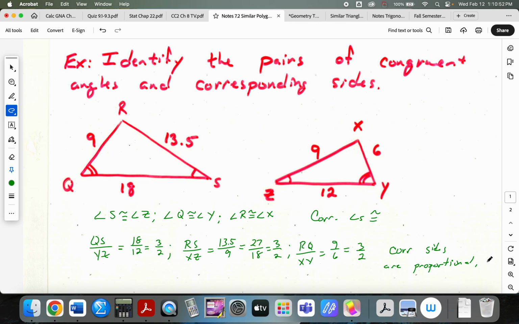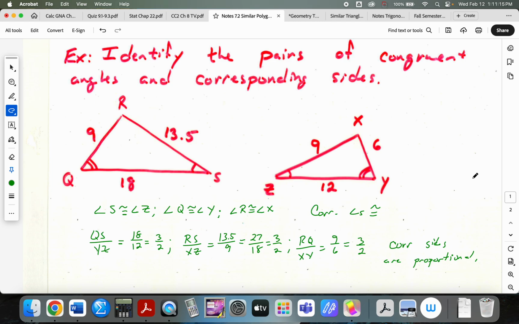So corresponding angles have to be congruent, the corresponding sides have to be proportional. If we have both of those things, then we're going to have similar figures. And I guess it's probably tomorrow we'll learn some shortcuts for triangles where you don't have to know all of those things. Sort of like we did for congruent triangles.